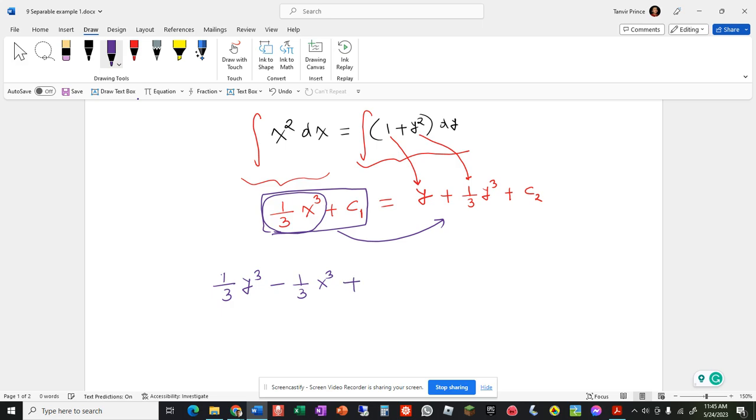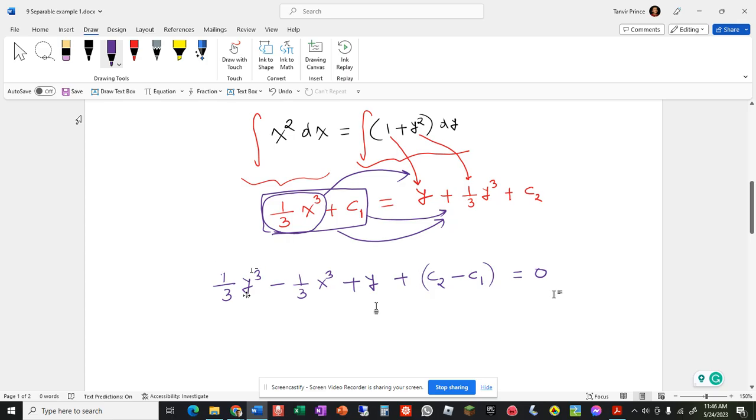Then I have plus y plus c2 minus c1 equal to 0. Just to make sure, this 1/3 x cubed I move to the other side, and this c1 I move to the other side, right? Okay, very good. It's a good idea to write from the higher exponent to the lower one, so I write the y cubed and x cubed first and then write the y.